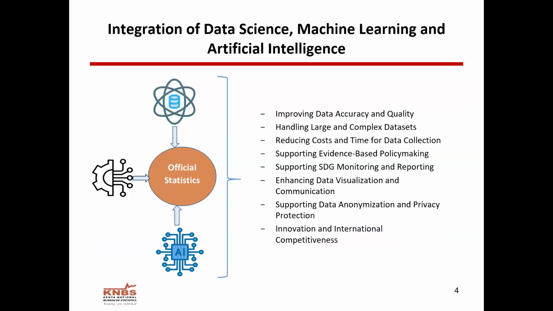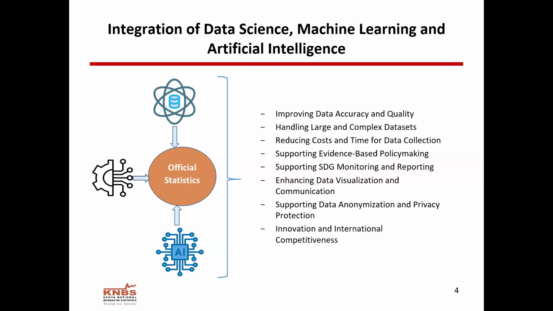Still, while I'm trying to anchor that artificial intelligence, machine learning, and data science in our context, it's also part of our Statistics Act 2006 to promote innovation. So, integration of data science, machine learning, and artificial intelligence.